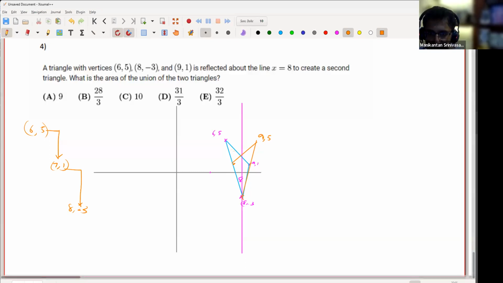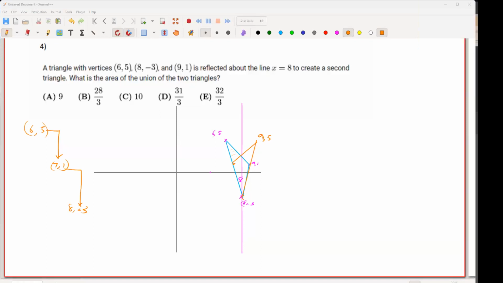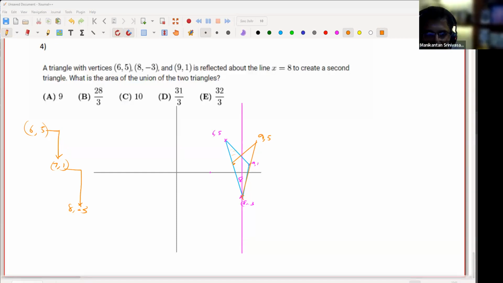Which means we just have to find, just 1 second. Okay, so this is 6, 5. This is 9, 5. Let's find this intersection point here. So this is 9, 1. So this is 6, 5.